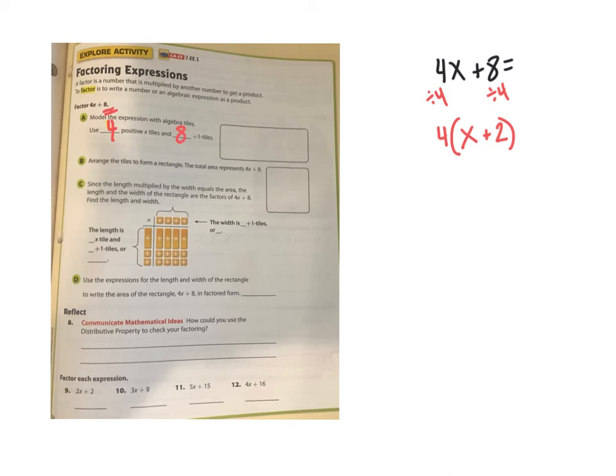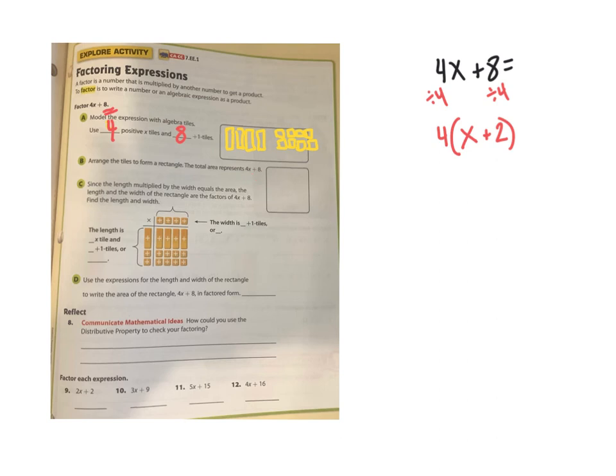Let me put a color you can see. So I'm going to use yellow. I hope it shows up. Oh, yes, it does. 1, 2, 3, 4 of the x tiles. Those long bar tiles are for the x's. And then I'm going to do 8 of the 1 tiles. There they are. What you would want to do is arrange the tiles to form a rectangle or square, the total area representing 4x plus 8.